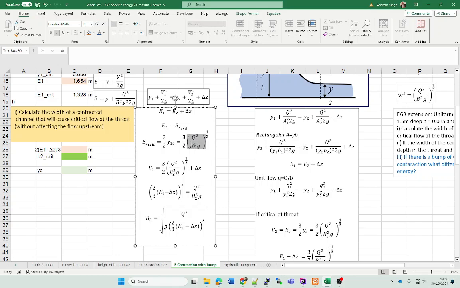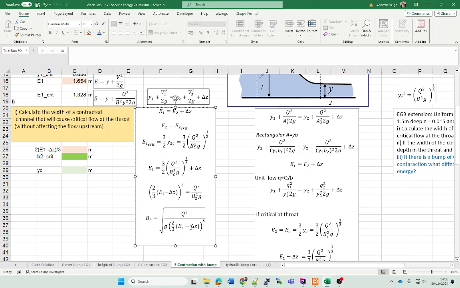So this is the second energy term which we're going to have in our equation here. So we get that energy balance equation and substitute in our E2 crit expression, which is this one. We can do a bit more algebra on that to get a final calculation for the width which will give us critical flow at the contraction.